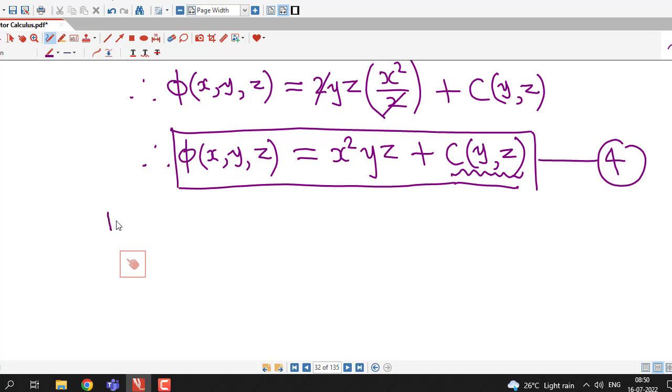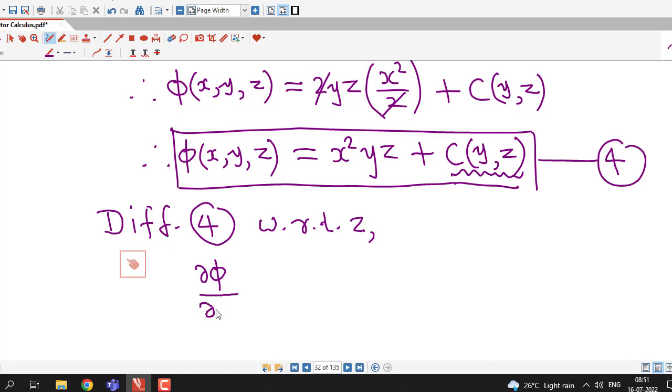So suppose we differentiate equation 4 with respect to z, then left hand side is del phi by del z equal to, and we will consider x and y as constants. So here x square y is constant, derivative of z with respect to z is 1, and because c is a function of two variables y and z, we will write partial derivative of c with respect to z.